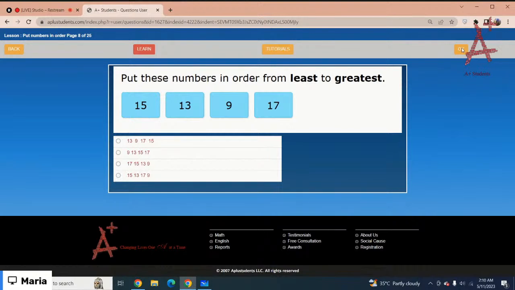The least one is 9. Then which is the least one out of 13, 15, and 17? It would be 13. So it would be 9, 13, 15, and 17. Got it? The correct option is 9, 13, 15, and 17.